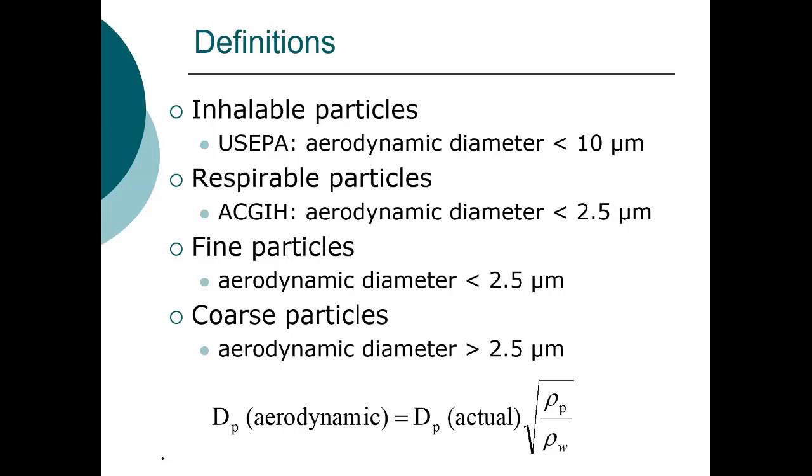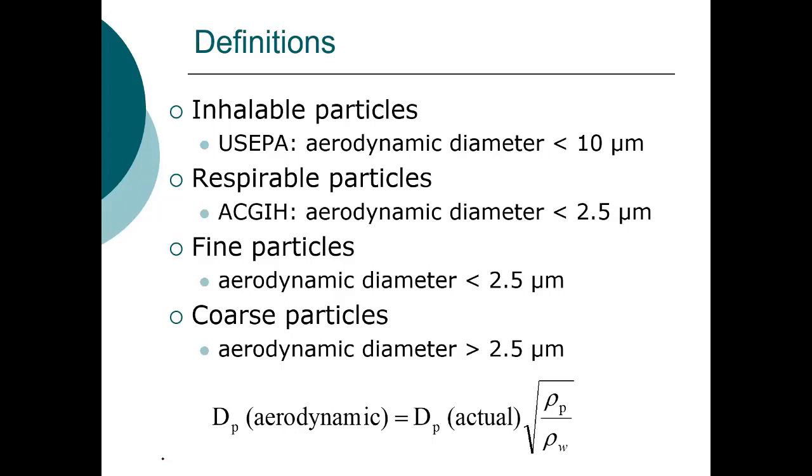So we talk about inhalable particles. US EPA defines that as particles that have a diameter less than 10 microns. The American Conference of Government Industrial Hygienists uses the term respirable particles and defines that as those particles with a diameter less than 2.5 microns.